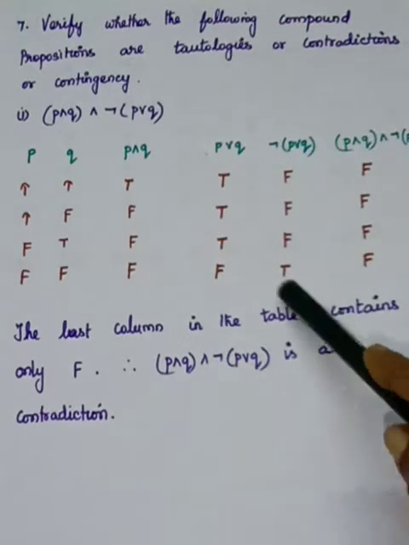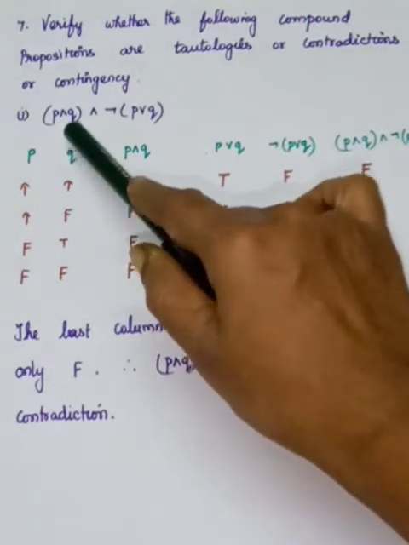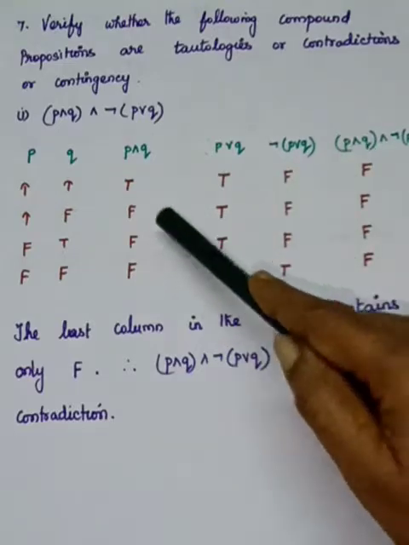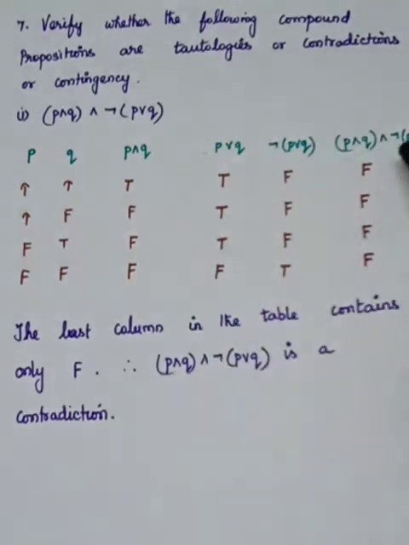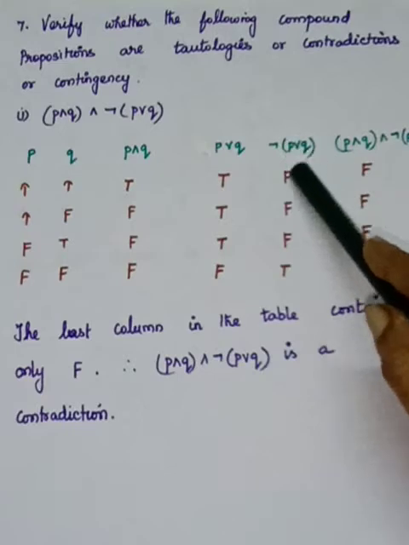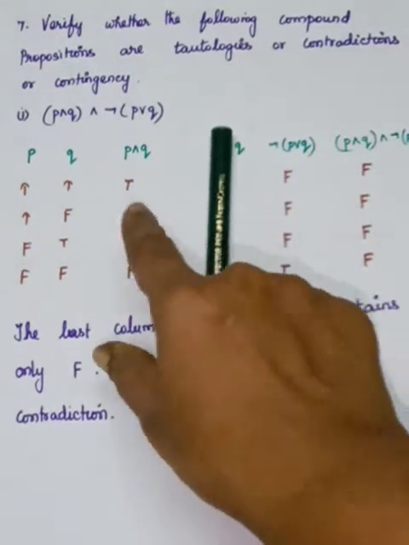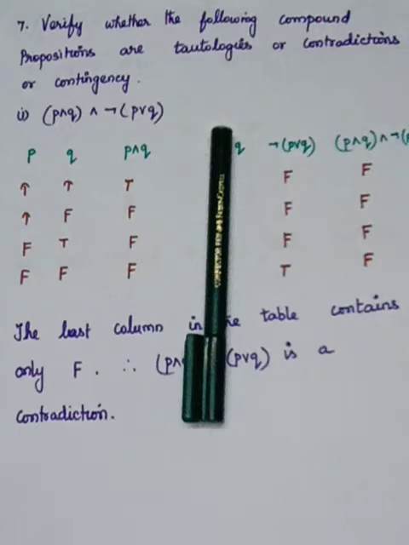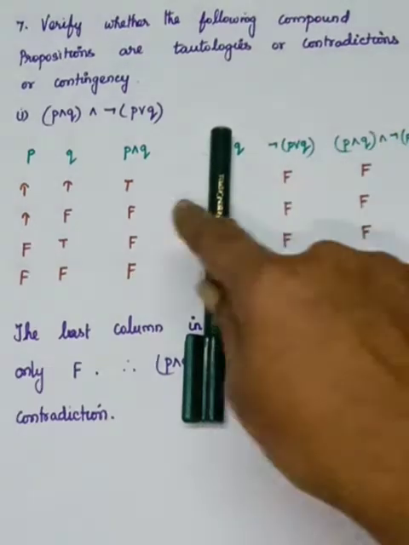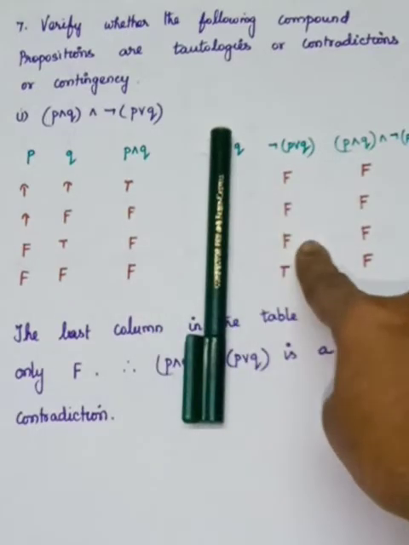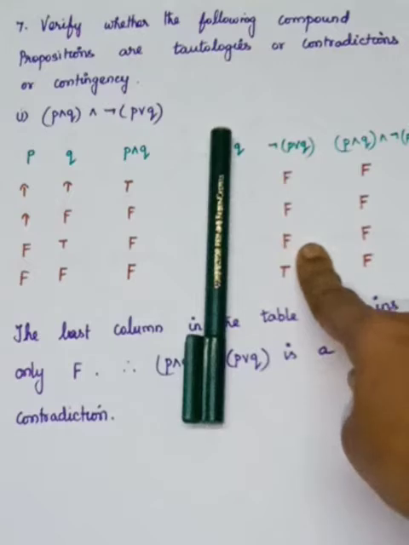So we have found that. Next, what you have to do? The compound statement: P and Q is in the third column, and negation of P or Q is in the fifth column. You have to look at only the third and the fifth column, and in between you are having 'and'. 'And' means both are true, it is true.